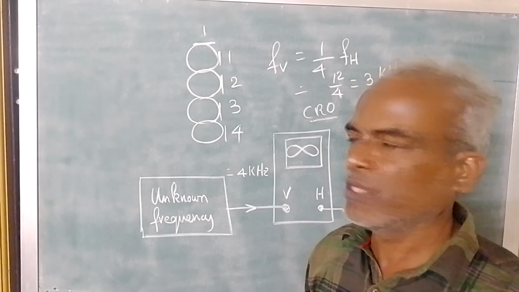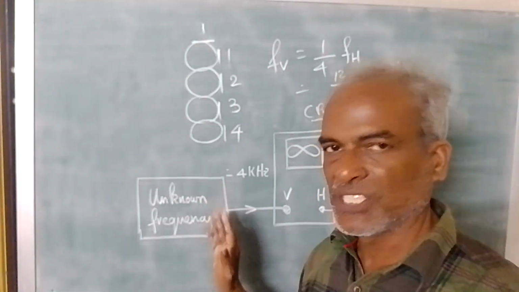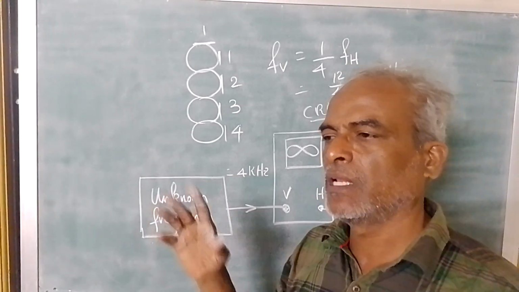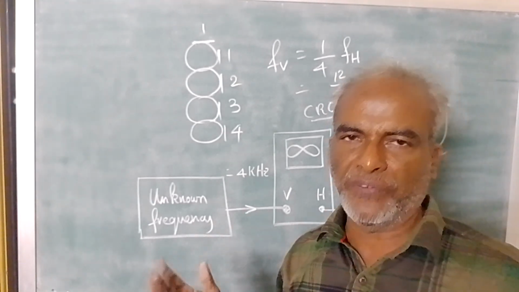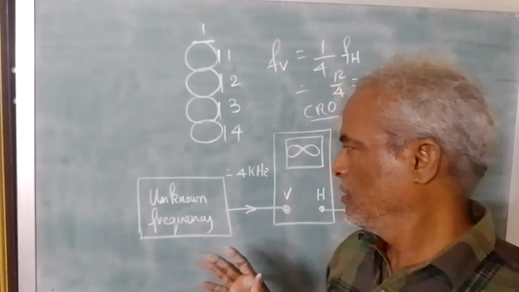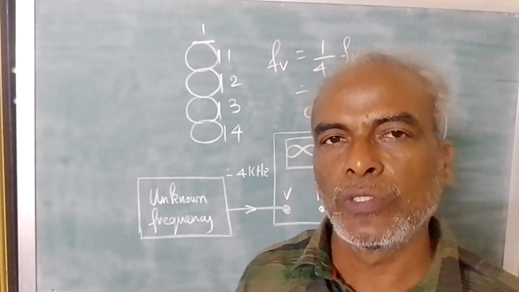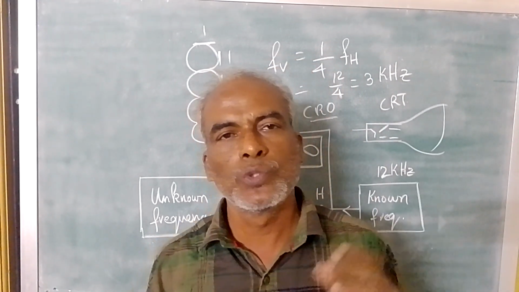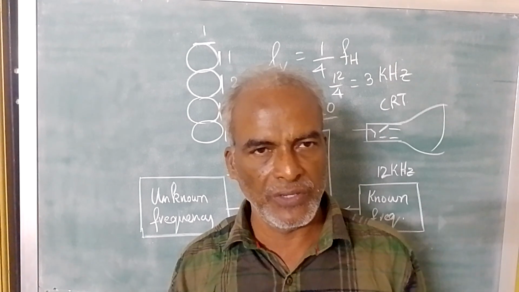When it comes to laboratory, you are using well known function generators which have sinusoidal output with varying frequency range. These are some of the important points I want to tell you regarding how to work with Lissajous patterns using CRO in the laboratory.